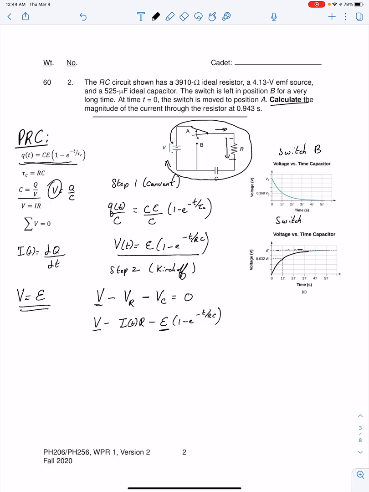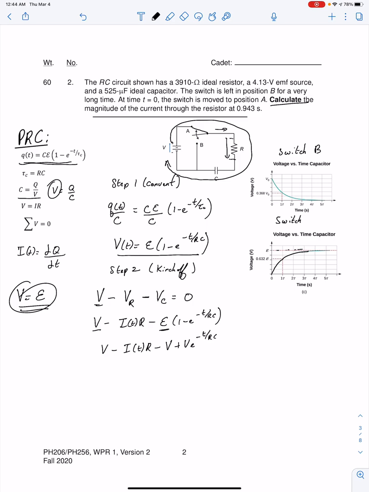EMF, again, going back to this equation, is V. So if we multiply, let's just put this V minus or plus V e to the negative t over RC.